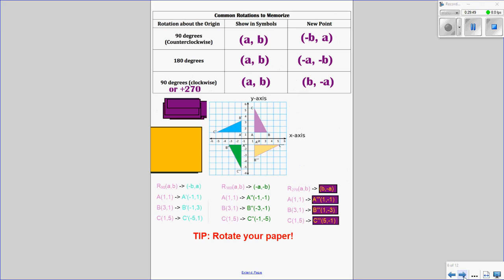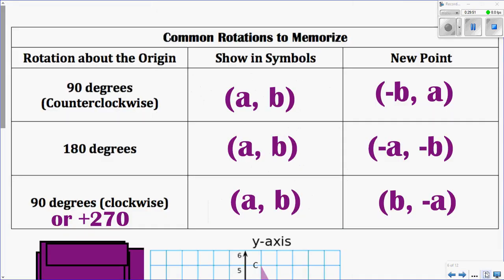Okay, and we learned the symbol and the new point based on the rotation. This is what you would have to memorize. But like I said, if you cannot memorize this, rotate the paper. Depending on which direction they tell you to rotate it, rotate it.